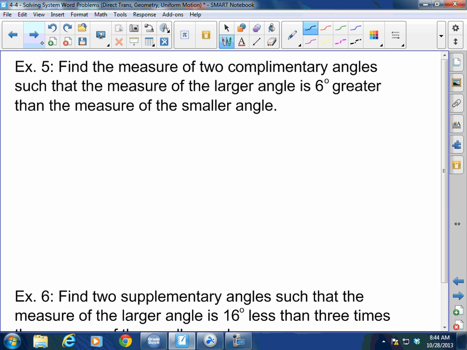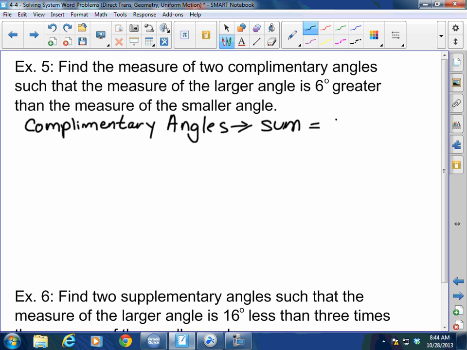Let's just really quickly have a little mini review. Complementary angles, my friends, are angles whose sum is 90 degrees. So when you have two angles that add up to be 90, that's called complementary. And then you also have supplementary.